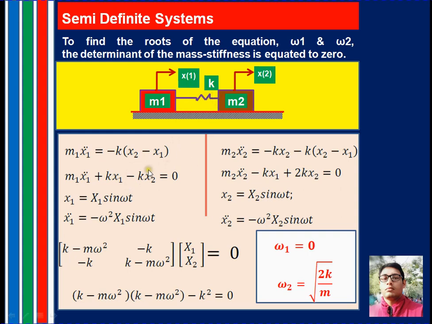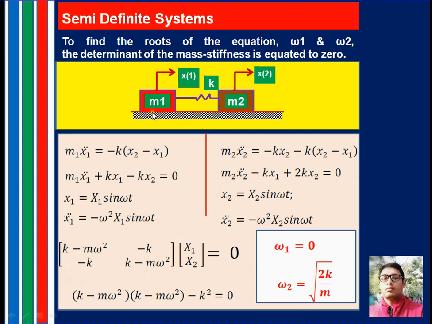So the expression you can get is m1 x1 double dot plus k into x1 minus x2 equal to 0, and on the right side the same thing you can get for the body m2. Now the matrix can be formed: k minus m omega square, and here k minus m omega square.